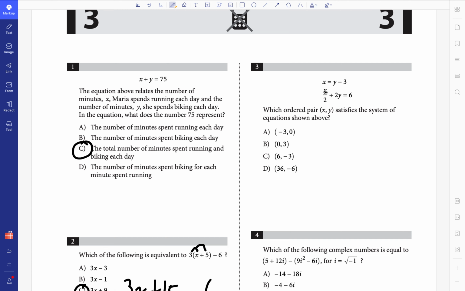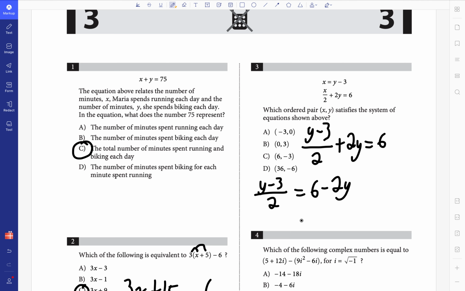For this system of equations, I already know my x value, so I don't have to find it. I'm going to say y minus 3 over 2 plus 2y equals 6. So y minus 3 over 2 equals 6 minus 2y.